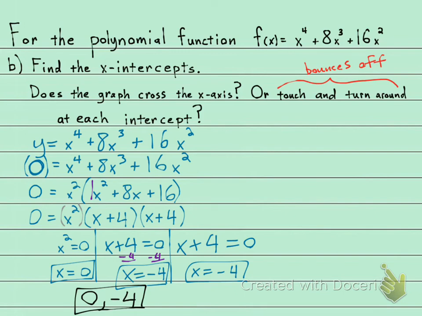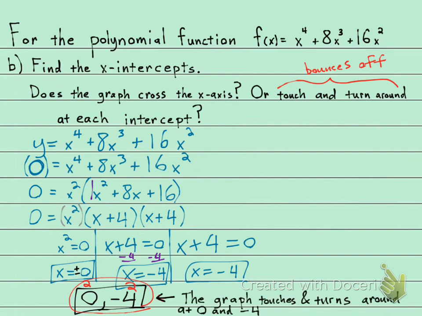Now remember, if x squared equals 0 right here, x is plus or minus 0. So this actually has a multiplicity of 2, and if you have an even multiplicity, it's going to bounce off. So I'm going to write a multiplicity of 2, and the negative 4 obviously happens twice, and that also has a multiplicity of 2. So both of these zeros are going to touch and turn around. Okay, and I'll write that right here.